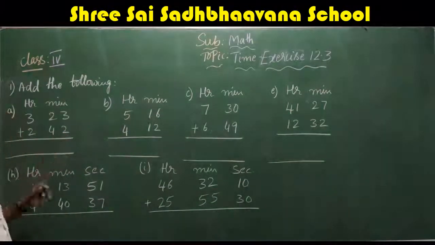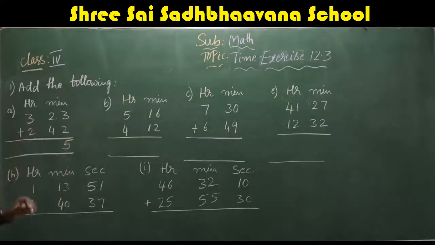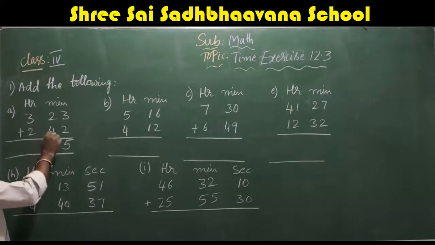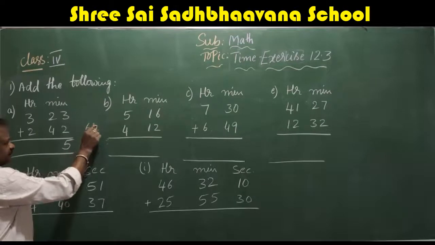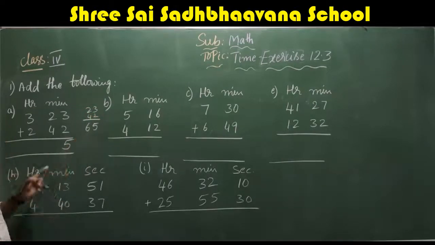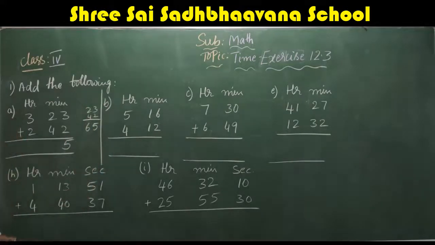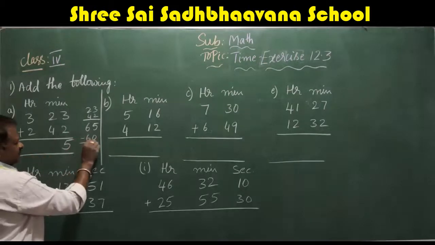Here they have given 3 plus 2, 5, 4 plus 2, 6. It is not possible to write 6 here, because when you add 23 plus 42, it comes 65. I will do it like this, so you will understand easily. 65 seconds means 1 minute 5 seconds. Subtract 60 here.